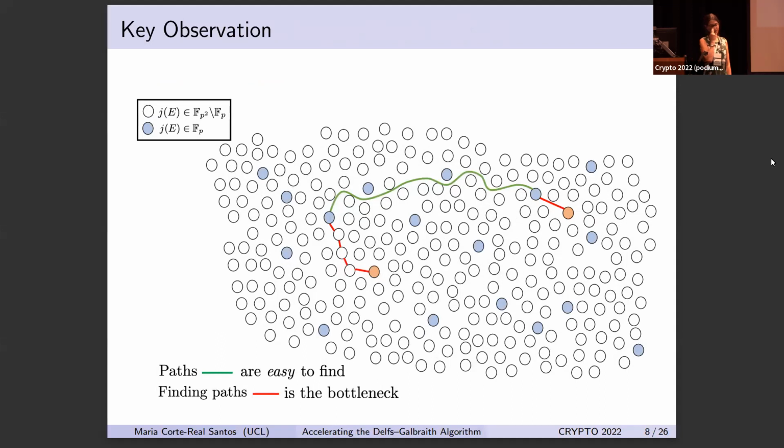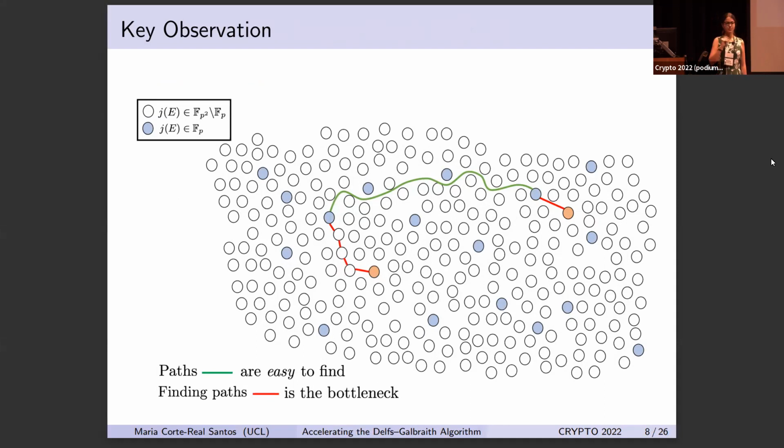Okay, so a very special property of this graph is that there's a subgraph given by J invariants that are defined over FP. So you have your supersingular isogeny graph, and most of these have J invariants defined over FP squared, and these are the ones that are in white.